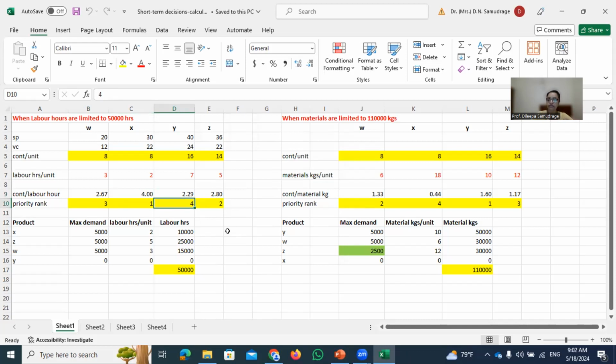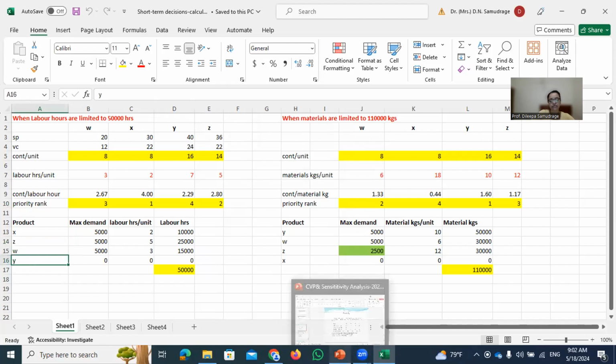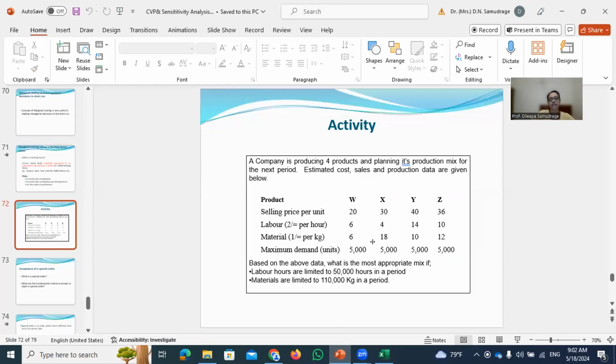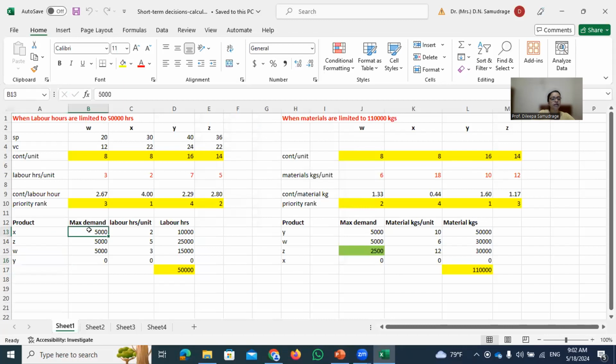So if labor hours are limited, you have to decide which product gives you the highest contribution per labor hour. Then you decide the priority rankings, right? So now you can decide: X first, then second Z, then thirdly W, finally Y. And also in the question, it says the maximum demand for each product is 5,000.